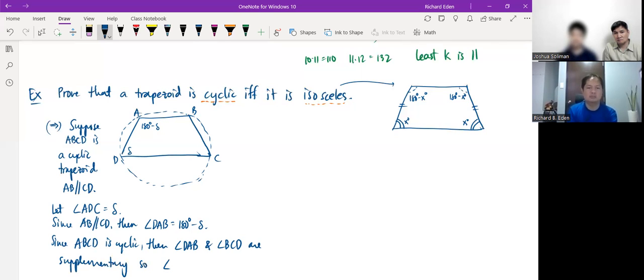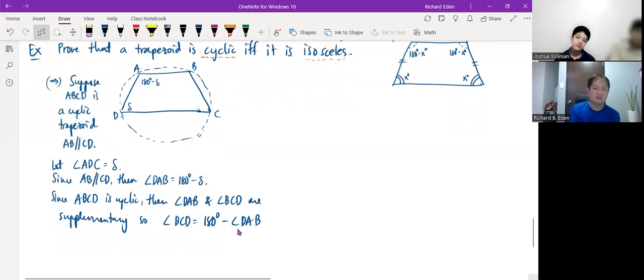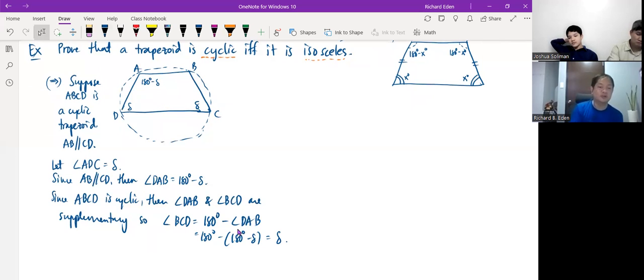So angle BCD is 180 degrees minus angle DAB. Quick algebra: 180 degrees minus delta. So that makes this delta. Angle BCD is also delta, and therefore ABCD is isosceles.